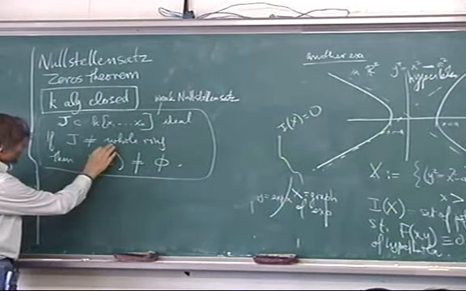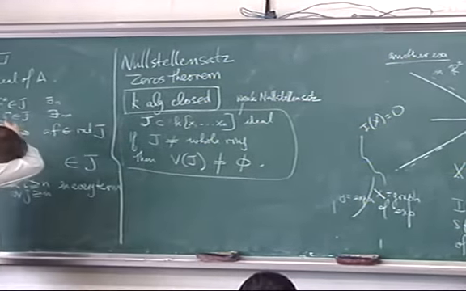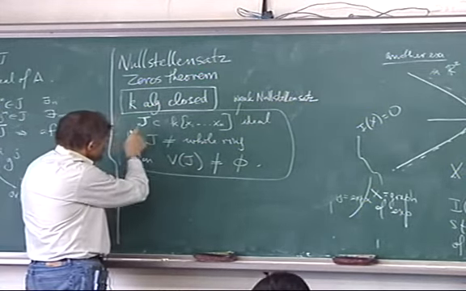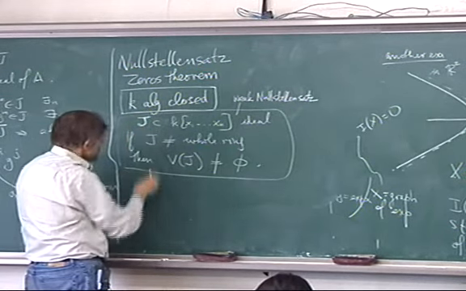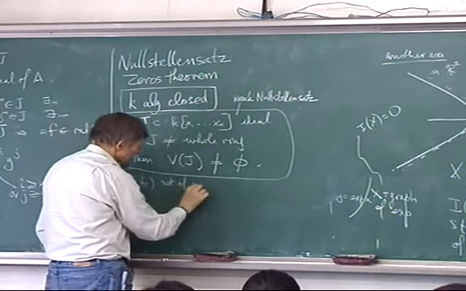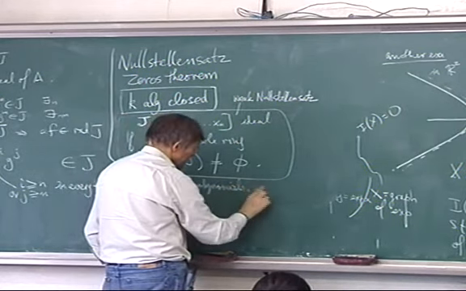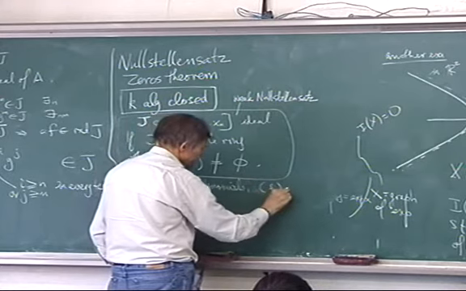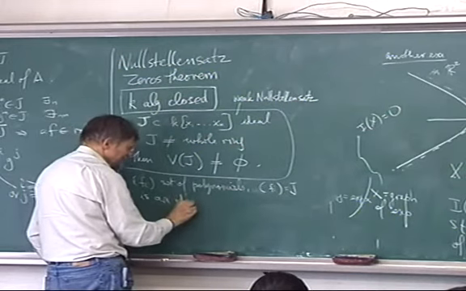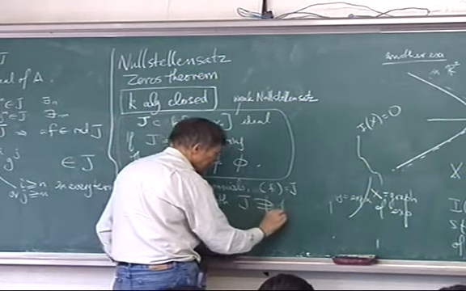To say that J is not the whole ring means that I've got some set of polynomials f_i, and the ideal J generated by them does not contain 1.